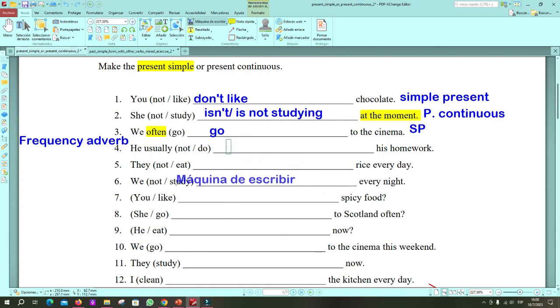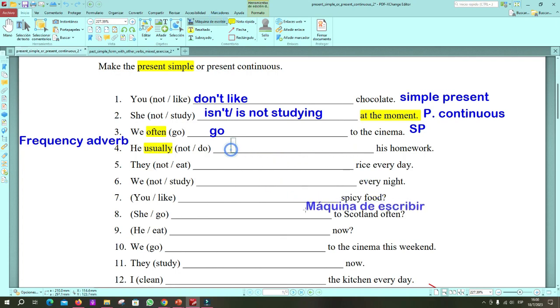What about the number 4? He usually not do. You have another frequency adverb here, usually.